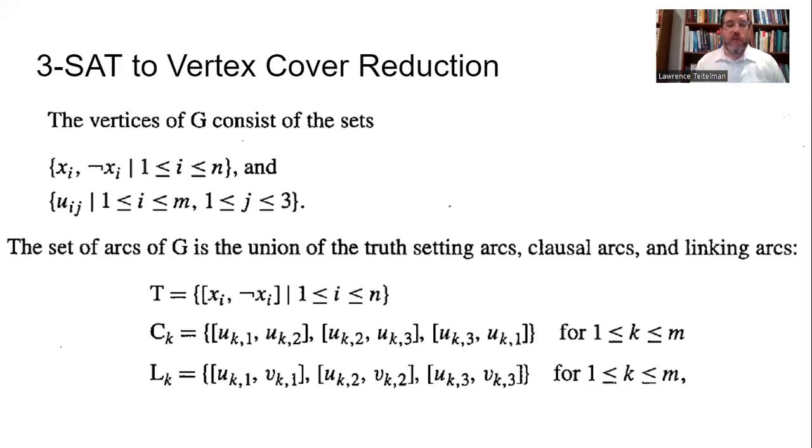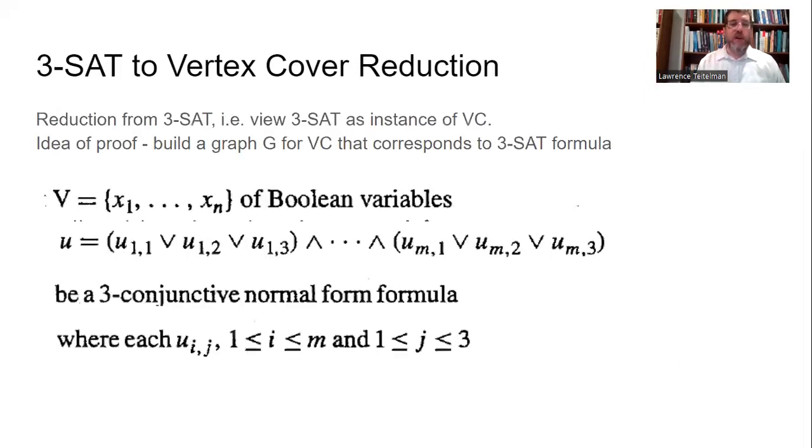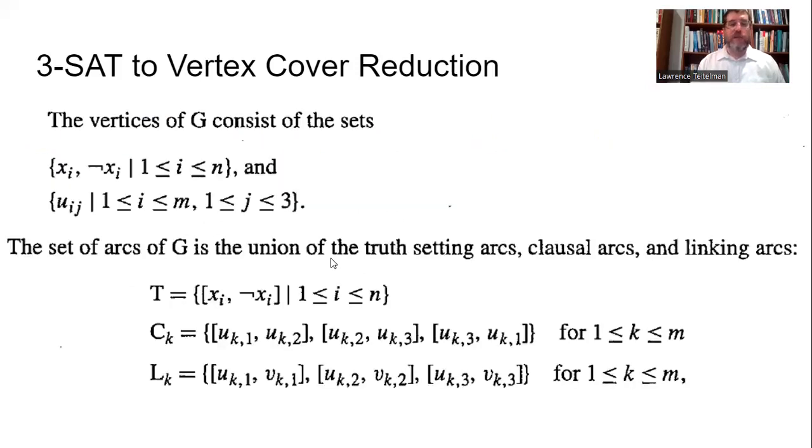Okay, so what are we going to do? Well, we're trying to represent this 3-SAT problem as a graph. And in order to do that, we basically have 3 kinds of edges. The first kind of edges connect each variable with the negation of the variable.